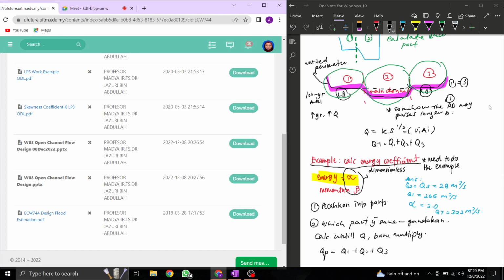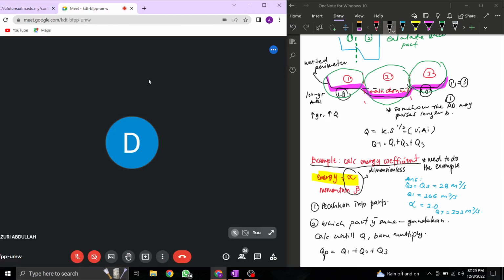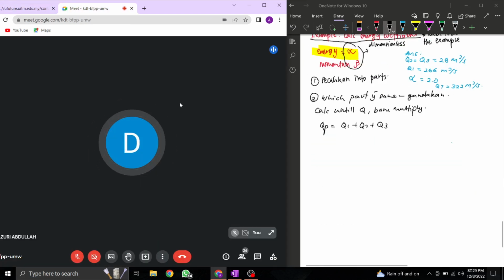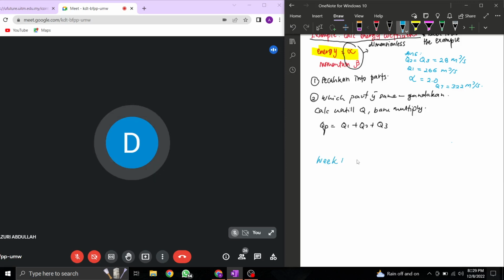Okay, so kalau tak ada apa soalan, insyaAllah next week kita ada test. Kepada yang tak masuk awal tadi, test akan masuk sehingga week nombor 7, iaitu week 1 sampai week 7, dan saya akan cuba prepare 2 soalan, satu soalan teori dan satu soalan calculation. Okay, so I hope you can answer, especially on the theory lah.